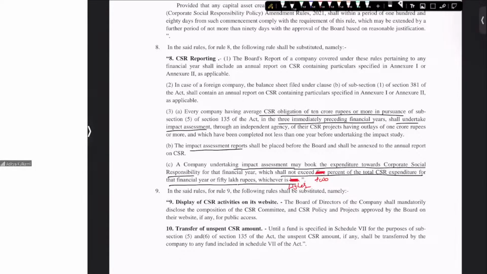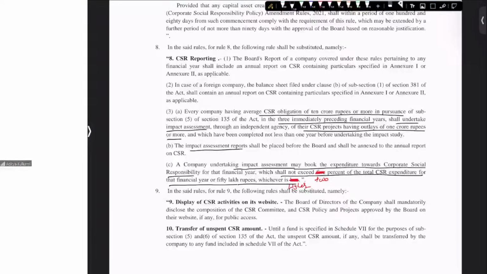That means they want to assess what impact their CSR has created on the society through independent agencies, of the CSR projects having outlays of 1 crore rupees or more. So Reliance carries out so many CSR projects. Unilever carries out so many CSR projects. They should be able to outline what impact their CSR has created. Ultimately, there should be some benefit to the society because of that CSR.